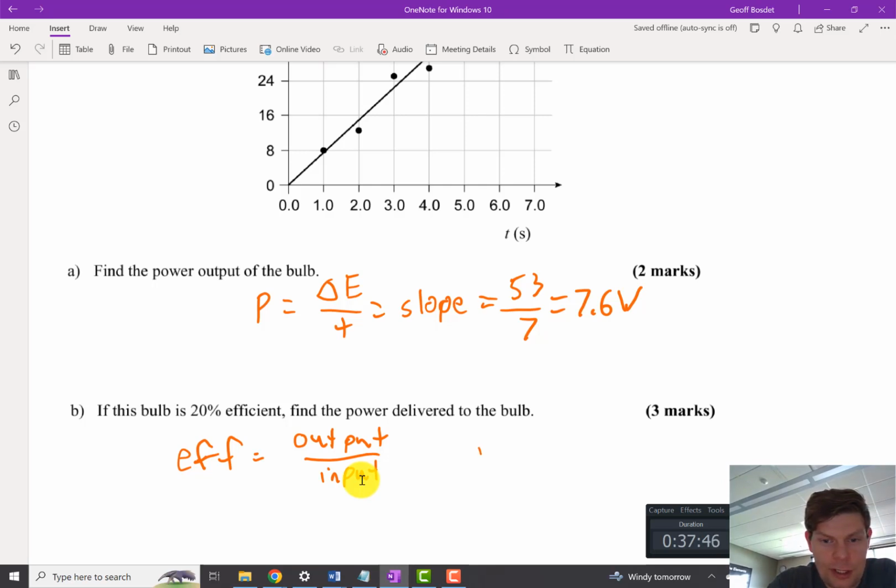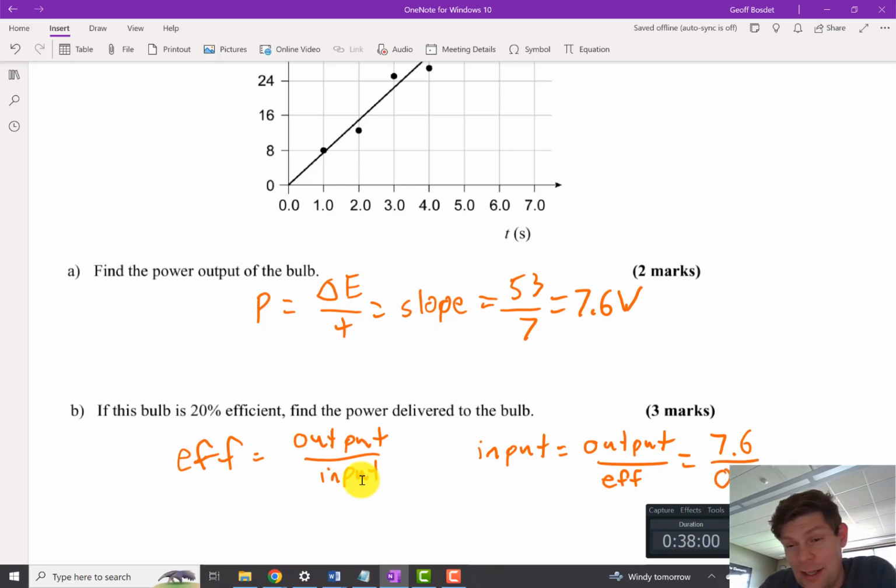So input equals output divided by efficiency, which in this case is 7.6 divided by 0.2, which is the same as that, times 5. So we got 35 plus 3, so this should be 38 watts.